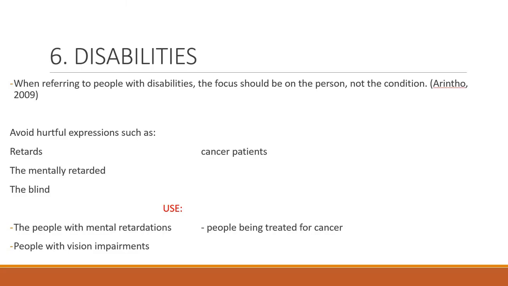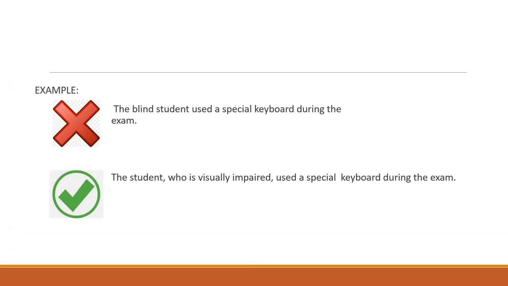So there is an example here. Example: the blind student used a special keyboard during the exam. Instead of saying that, you could say the student, who is visually impaired, used a special keyboard during the exam.